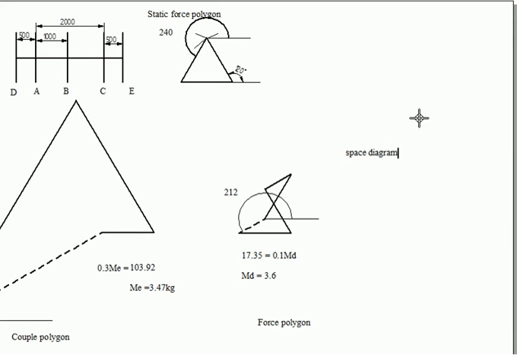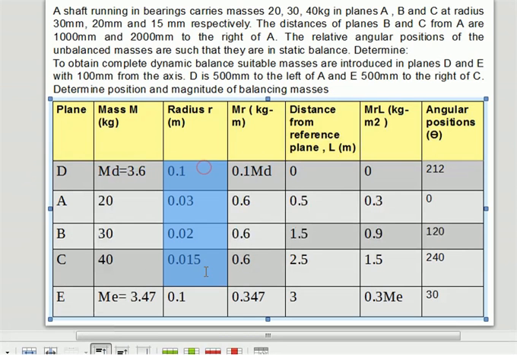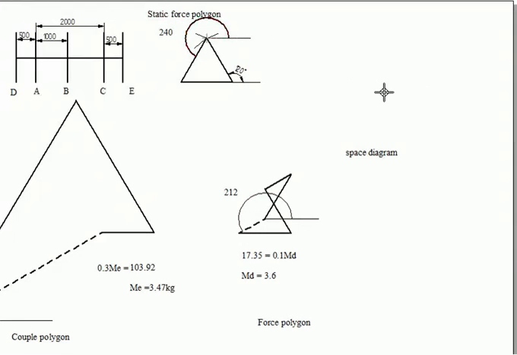Space diagram. For constructing space diagram, I need radius and also inclination. So first mass A, its radius is 0.03, inclined at 0.